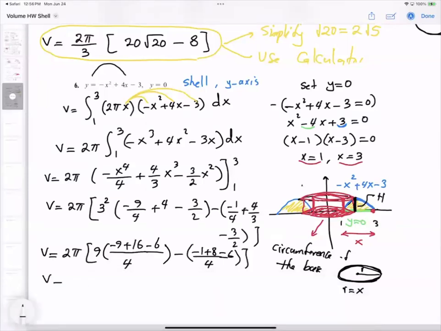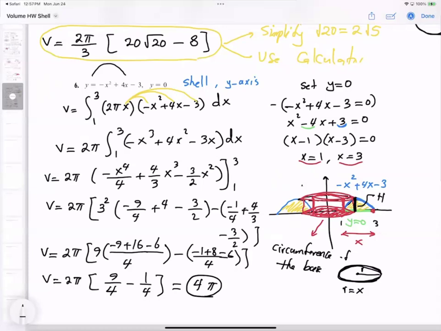So the volume is 2 pi times 9 over 4 minus 1 fourth, or 2. You get 4 pi as the volume of this object. Hope all the calculations are correct. Otherwise, we have to go back and revisit this.